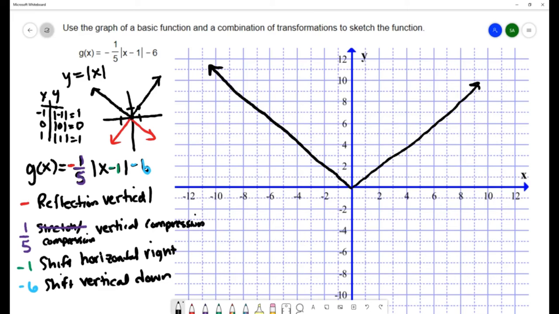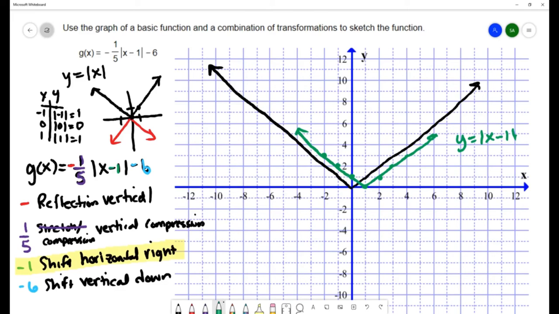I'm going to start on the inside of the absolute value, and I'm going to show you with just this one transformation what the graph would look like. So if I shift all of these points to the right one, this is the picture that I would get. Still that V-shaped graph, but shifted to the right one. So that graph you see in green there is the graph of y equals absolute value x minus 1.